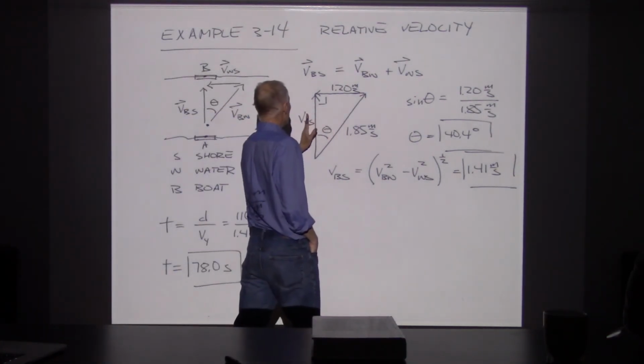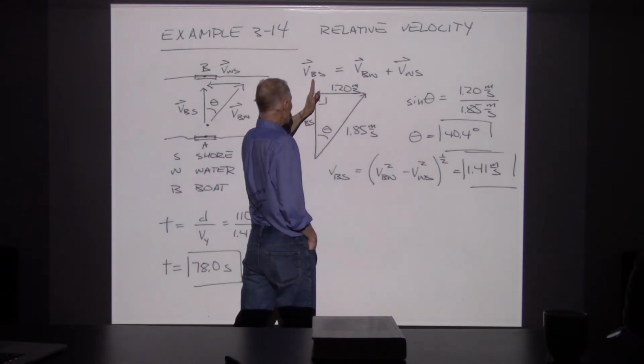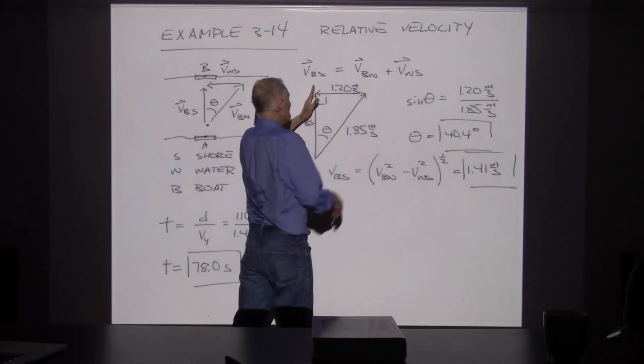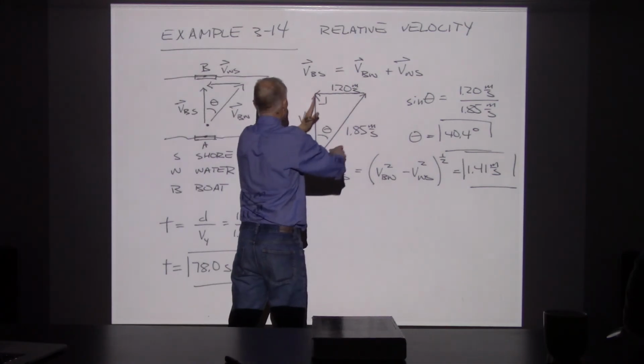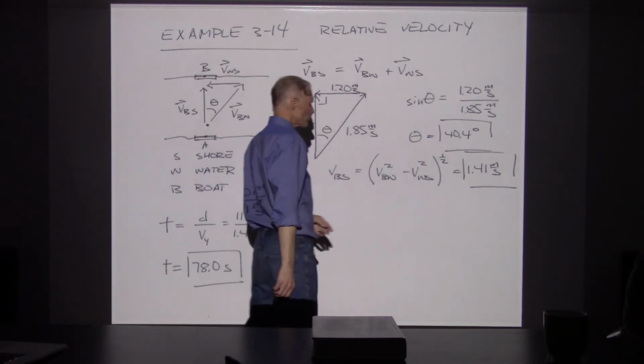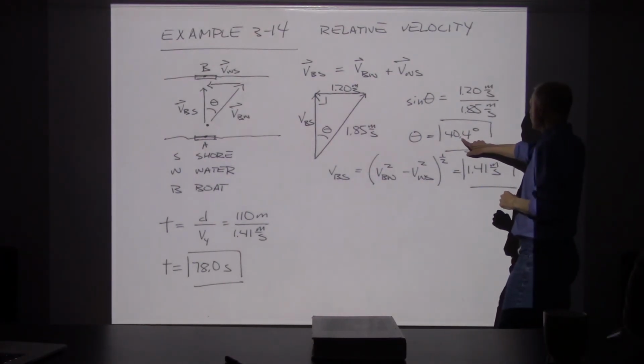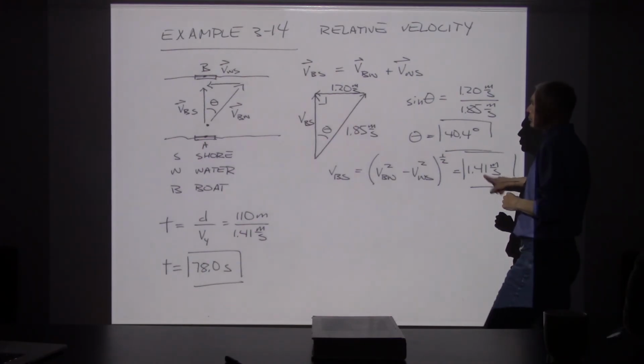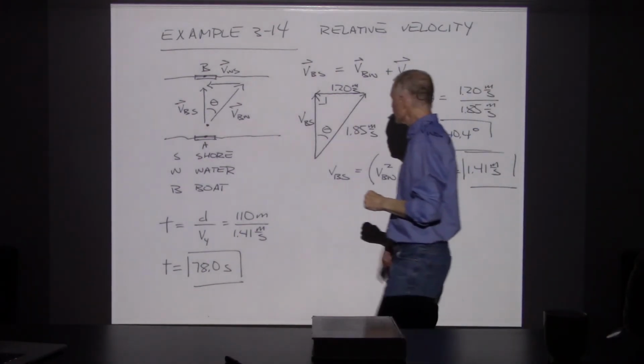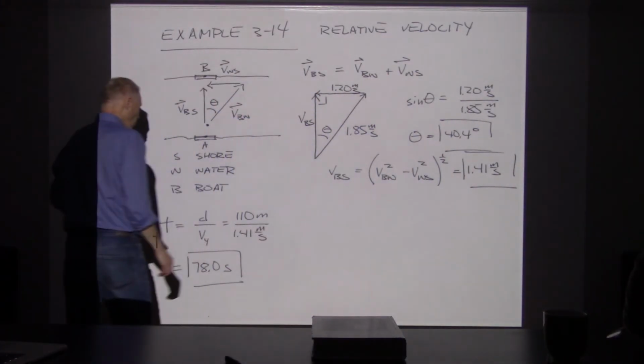If we just turned the boat and went 1.85, we could go faster. We could use the full 1.85, but again, we'll land farther downstream. So what we've done instead is used a 40-degree angle to offset the speed of the water, and we're still going to be making our way across at 1.41 meters per second.